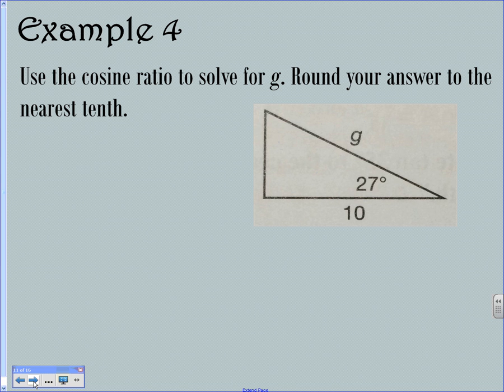And they won't always tell you whether to use sine, cosine, or tangent. They are right now because they're reteaching it to you. But we want to start by using the cosine of angle 27. So I want someone to go write what trig ratio we would start by using.